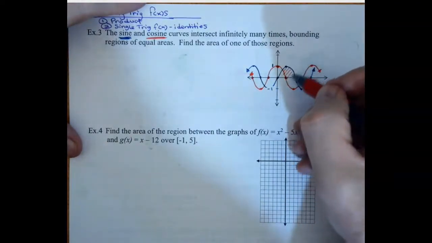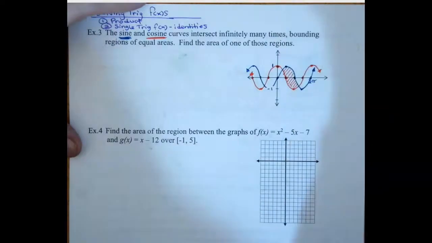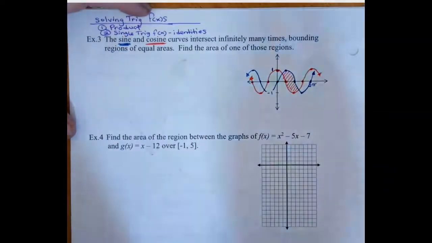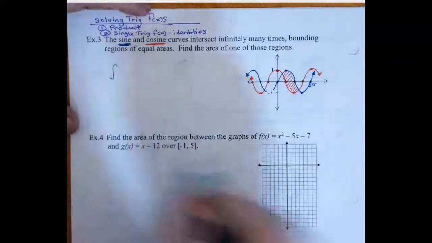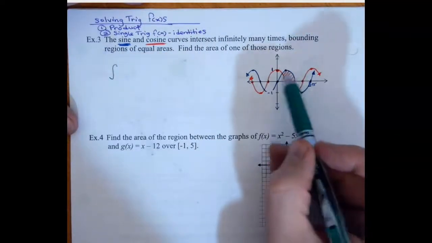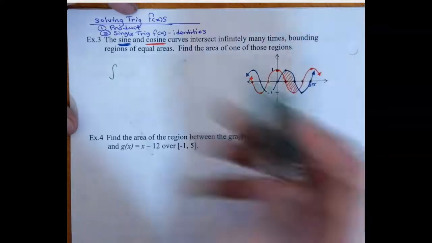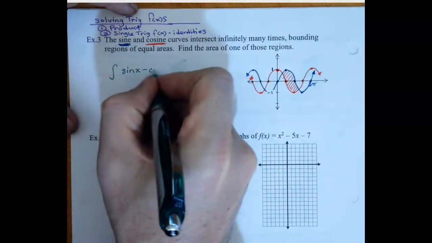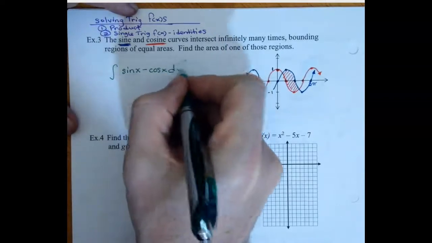So here's one of those sections. Alright, so we can look at that, and so we're going to integrate, and the section I chose looks like the blue is sine, so sine's on top. So we're going to have the sine of x minus the cosine of x.